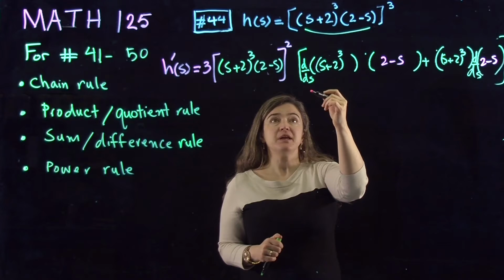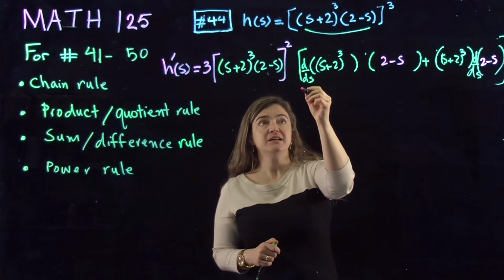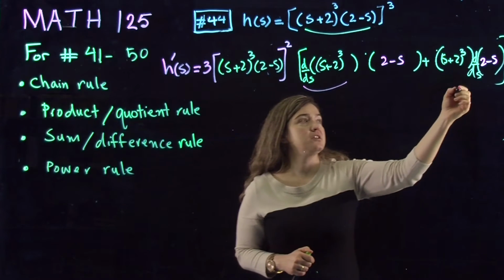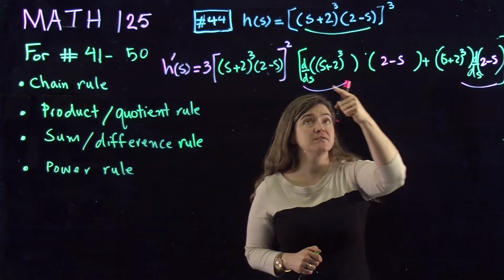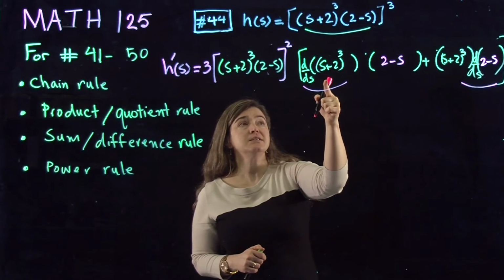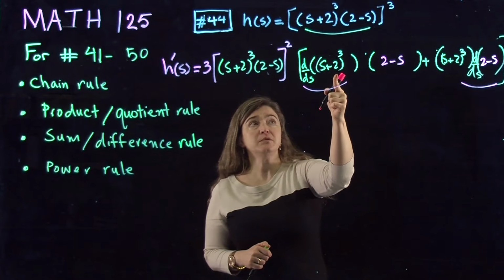The next step is to simplify each of these, to find each of these derivatives. This derivative is a chain rule.